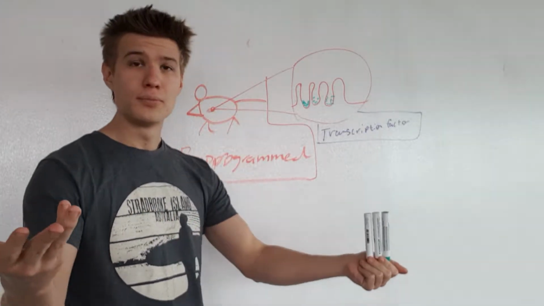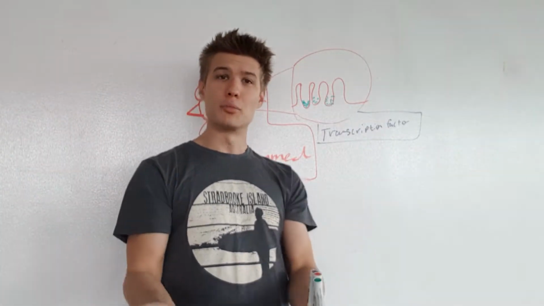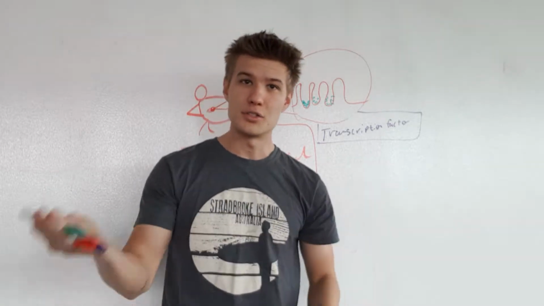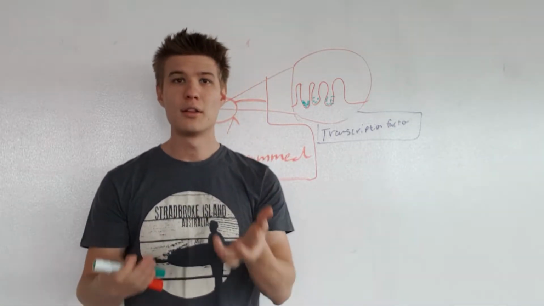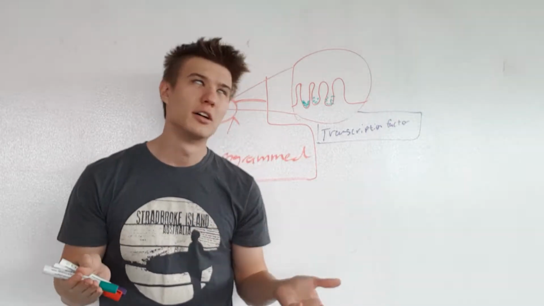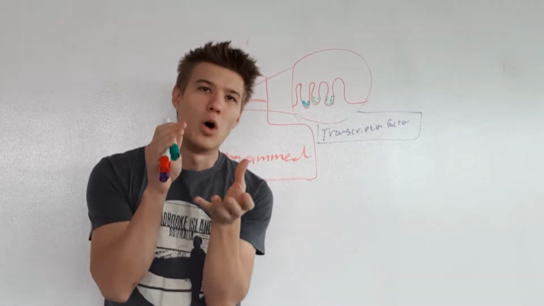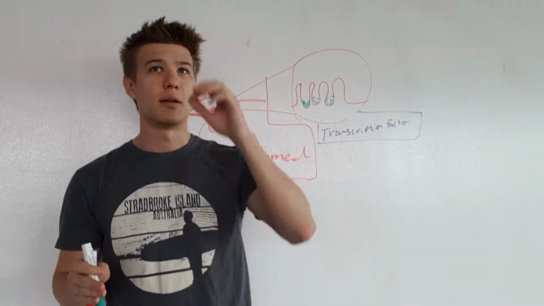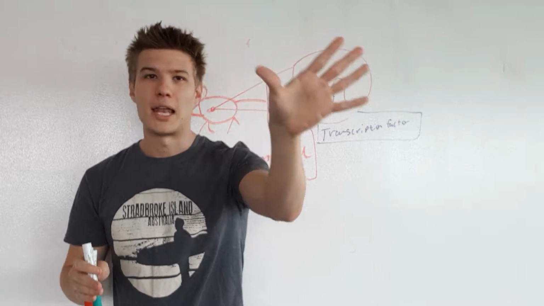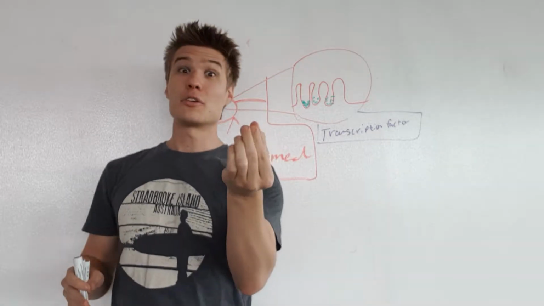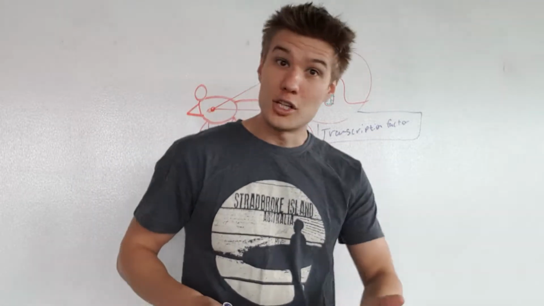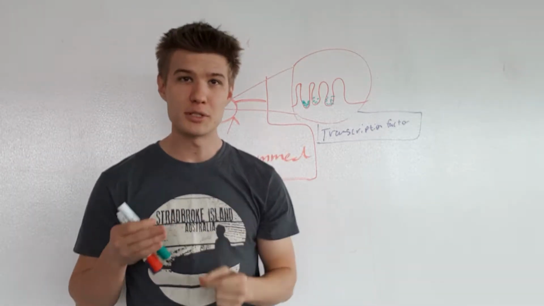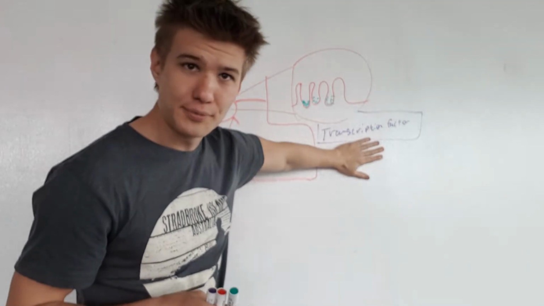And of course, every cell in your body has the same genome. And so the only difference between those cells is what genes they're expressing. Of course, there are other differences in terms of what they're exposed to in their little environments and their methylation of the DNA, but we'll talk about that later. The real difference is what parts of their genome they're expressing. And what causes those differences in genome expression is transcription factors.